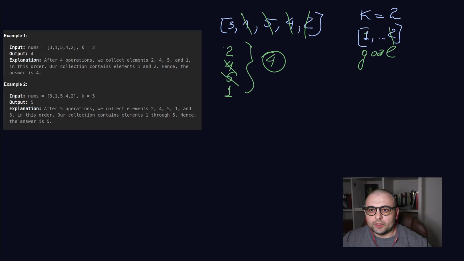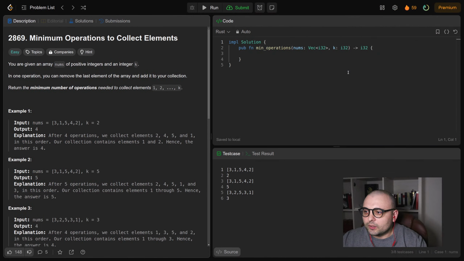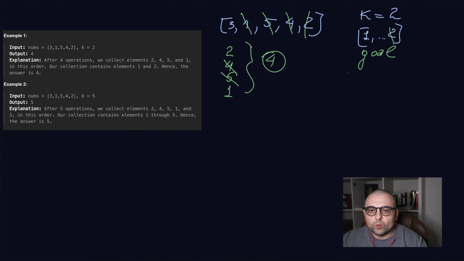Okay, so let's try to design an algorithm. For the k part, one thing I would like to check, it should start with 1.